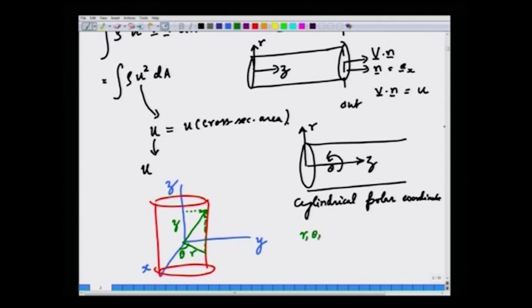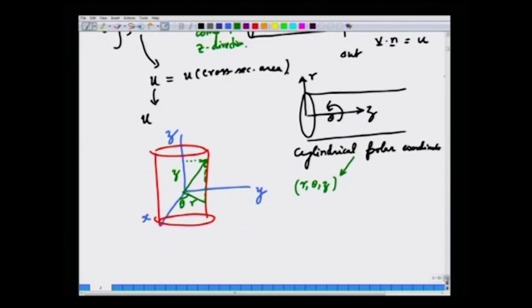So, any point is denoted by r, theta, z in cylindrical polar coordinates, and whenever you have flow through tubes or pipes, it is convenient to work with cylindrical polar coordinates, because it simplifies the problem a great deal. Now, instead of calling n as E x, n is in the direction E z, because we are using polar coordinates, and let us call the velocity component in the z direction as u.